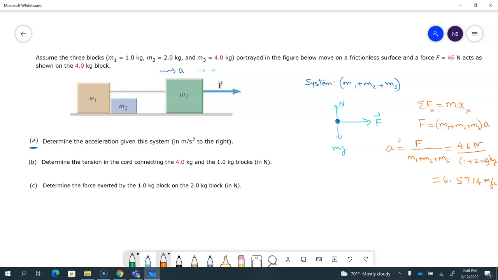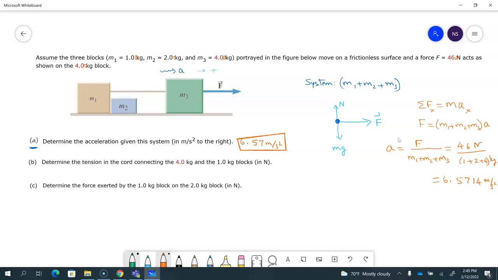If I have to give it as an answer, I'll round it to 3 sig figs. Actually, it's 2 in this problem, but let me go ahead and put a 0. I don't want to lose too much information. So this is the 4 kilogram block, and let's suppose these are all 3 sig figs that are given to us. In that case, I'll say acceleration is 6.57 meters per second squared.